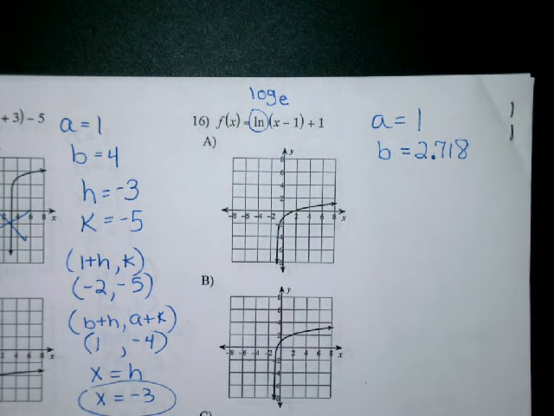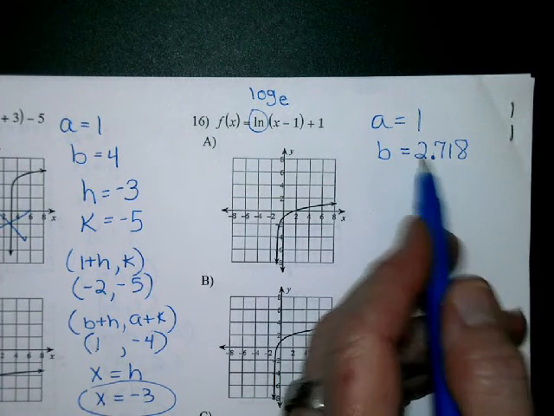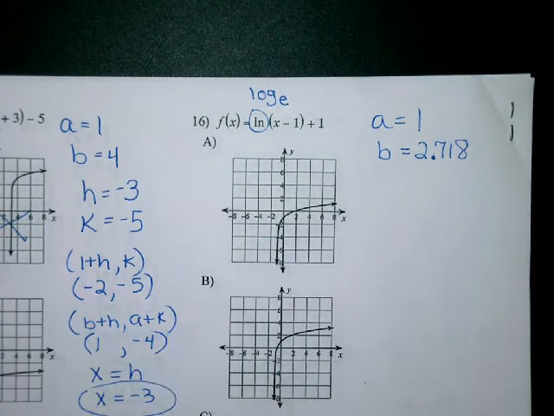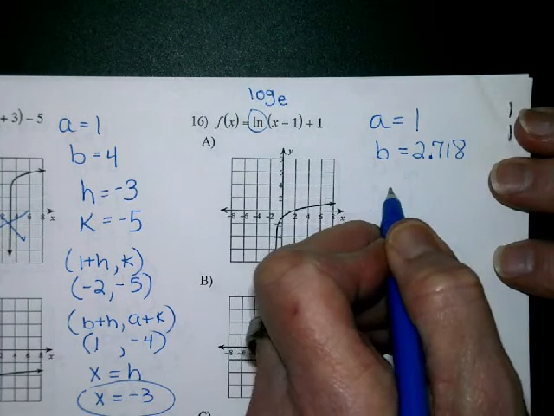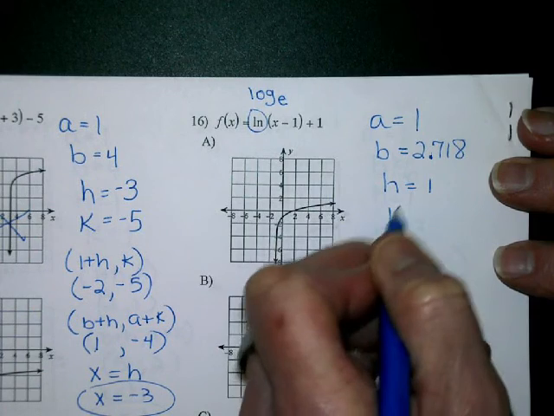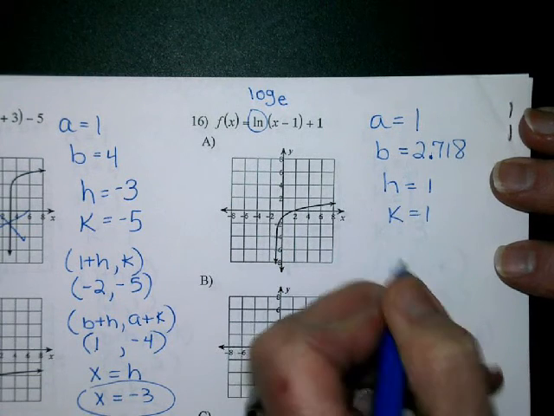So the little b is 2.718. If you remember that from the homework, you have to round it sometime because it's a repeating decimal, but this would probably be a safe value to use in your formulas, right?